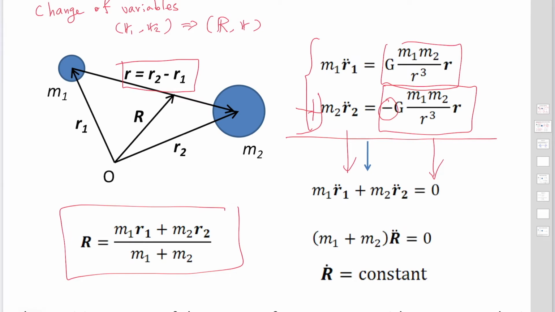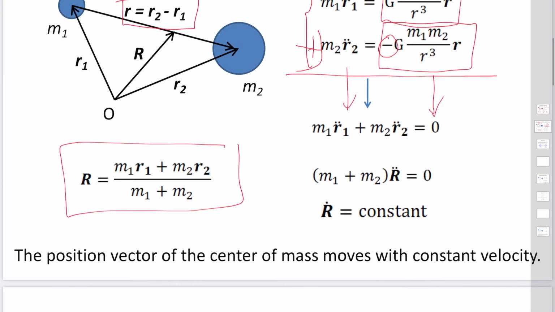Then this left hand side is equal to the second derivative of this quantity. If you consider the first derivative of R, it becomes m sub 1 r sub 1 dot plus m sub 2 r sub 2 dot, because m sub 1 and m sub 2 are constant. And for the second derivative, one more dot is added. So this is exactly equal to this one.